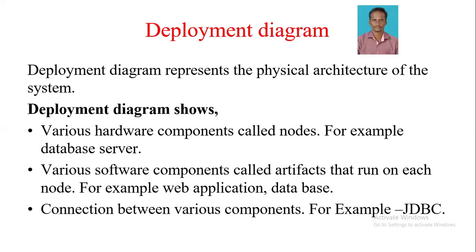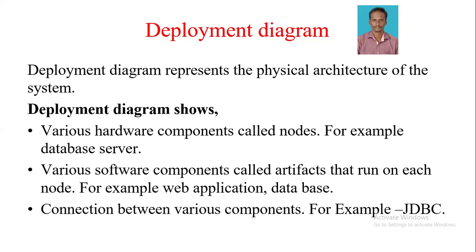The next one is the deployment diagram. The deployment diagram represents the physical architecture of the system. It shows various hardware components called nodes, for example, a database server. It also shows various software components called artifacts that run on each node, for example, a web application, database, and so on.